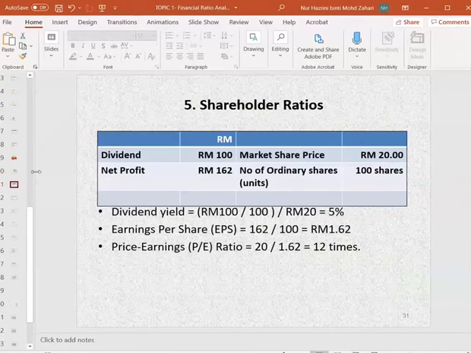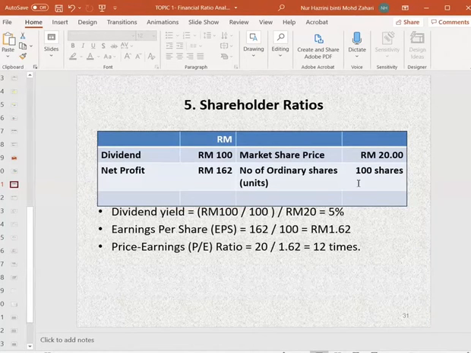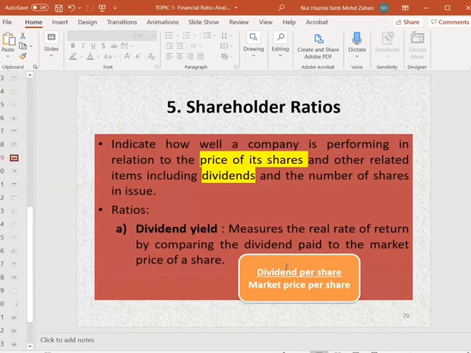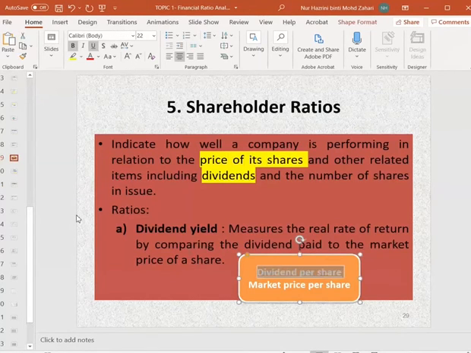So we will look at how to calculate. We already have the formula just now. For the dividend yield, we take the dividend 100 ringgit divided by number of ordinary shares, and then divide with market price. Because for the dividend yield, we want the dividend per share.